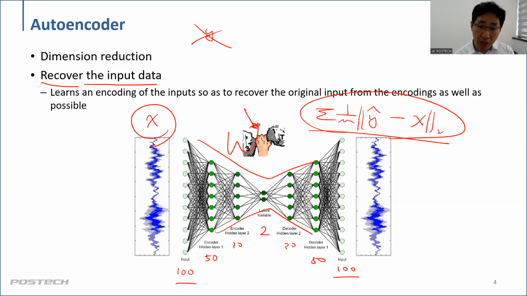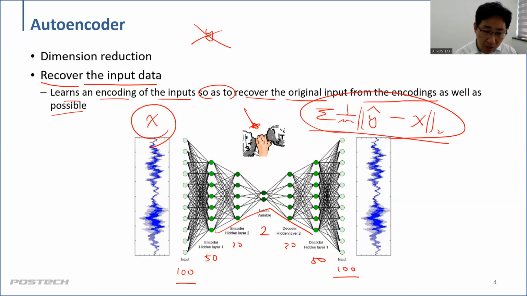If we're done with the training or the learning from the data set, suppose we have a good set of weights that learns the encoding of the inputs so as to recover the original input from the encoding as well as possible.